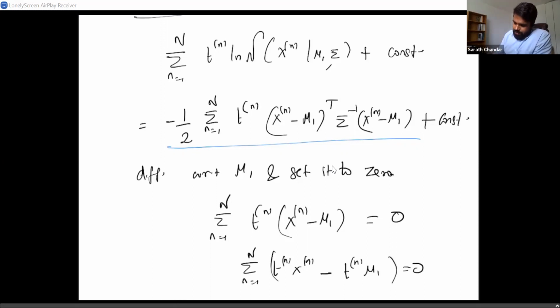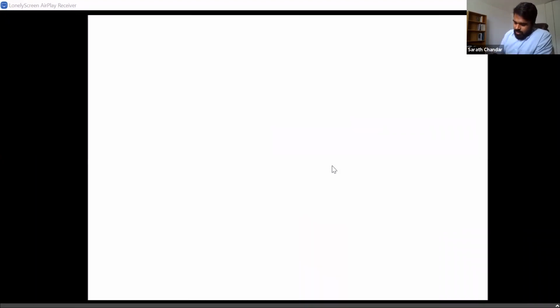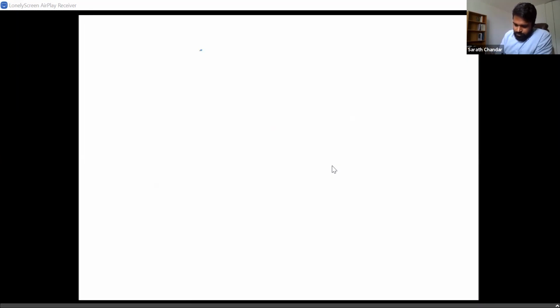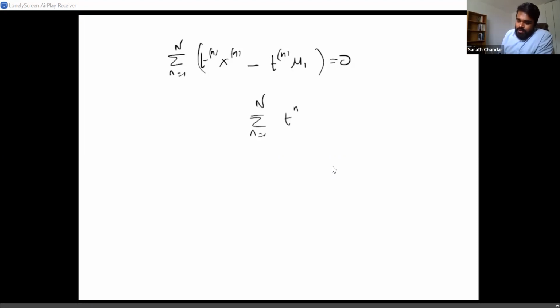Now this becomes summation over n is equal to 1 to N, t_n x_n is equal to summation over n is equal to 1 to N, t_n mu1, right?